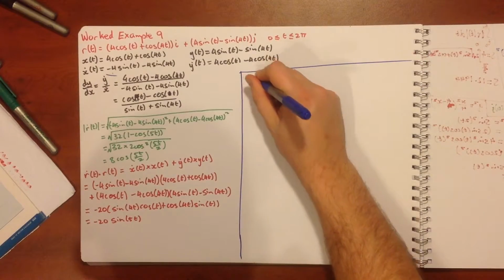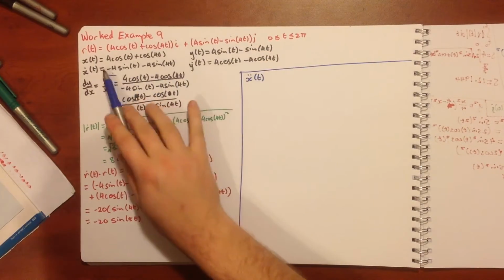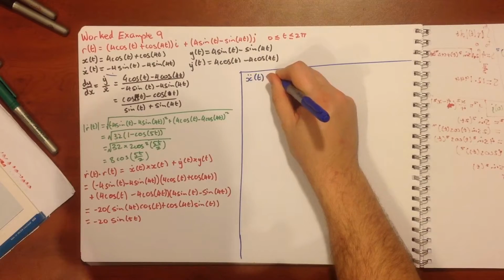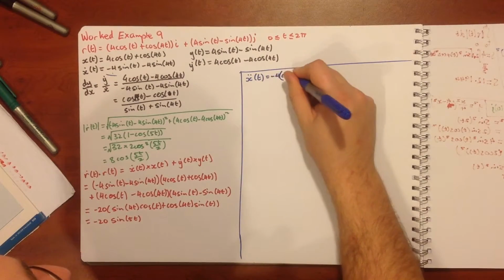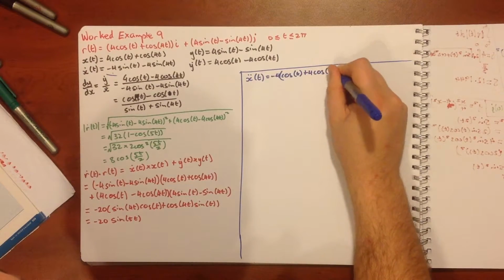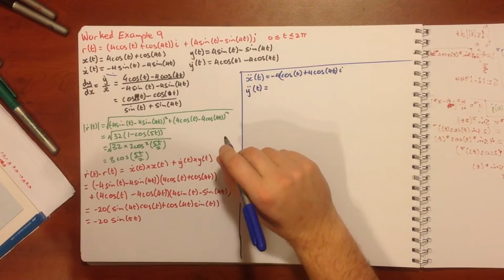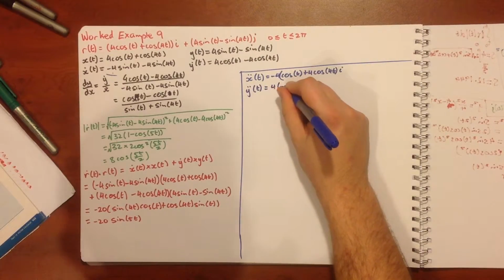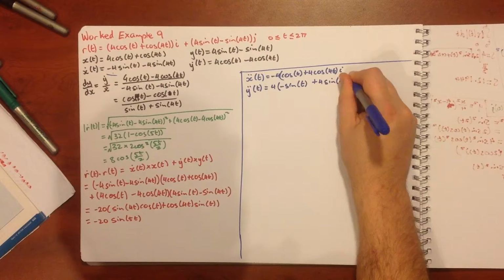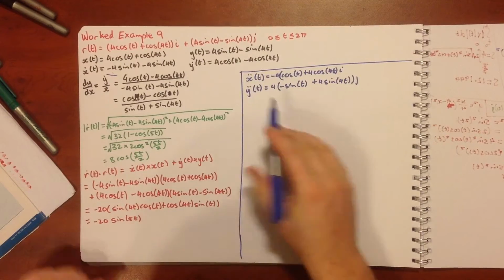Okay, so we can say our x double dot of t, well that's going to be the derivative of here, and the derivative of that is actually equal to minus 4 outside of cos of t, plus 4 cos of 4t i, and our y double dot of t is equal to 4 outside of minus sine of t, plus 4 sine of 4t j. Okay, so we could put them together into one big equation.